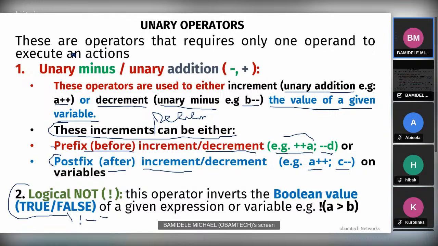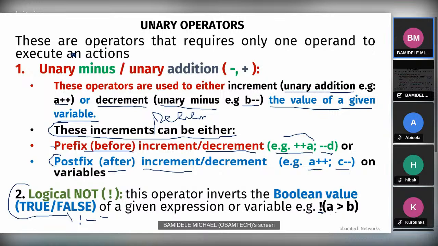So it's just like opposites. For example, the expression inside the bracket will be executed first, and whatever result is there, the logical not will invert it, giving the opposite.